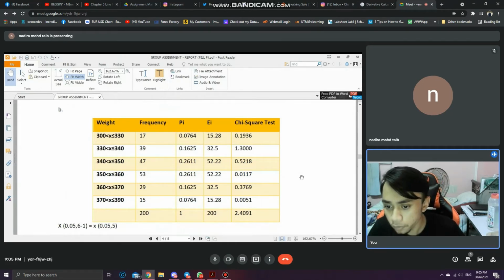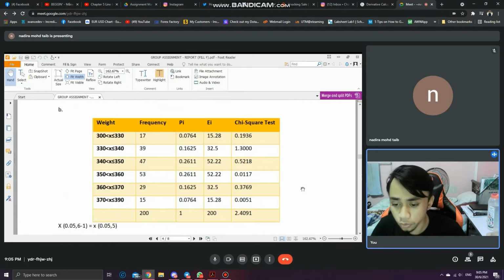For pi, we need to make sure that the total pi is equal to 1. It cannot exceed 1 or be less than 1. If the total value of pi is equal to 1, then the answer we get is correct. And then we need to calculate the value of EI.